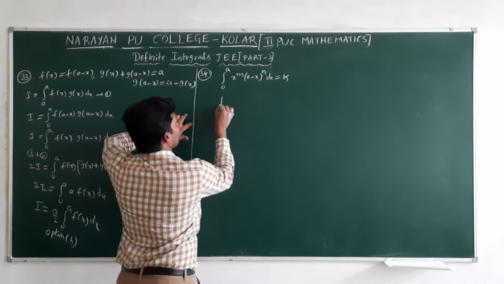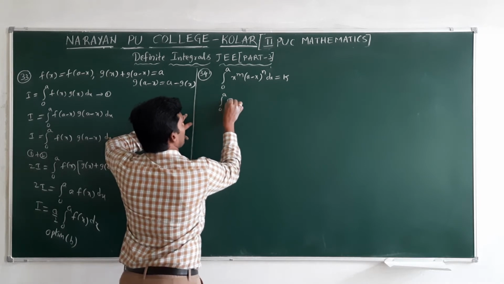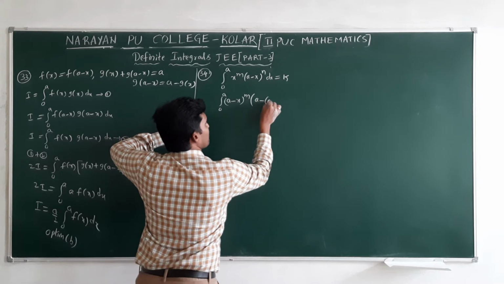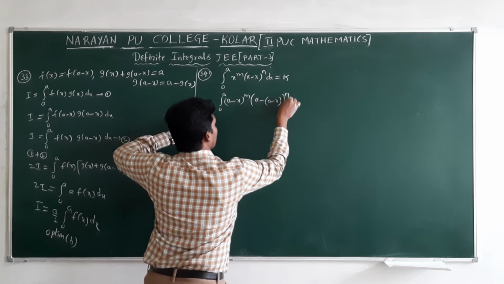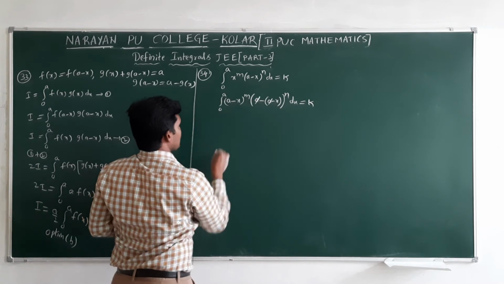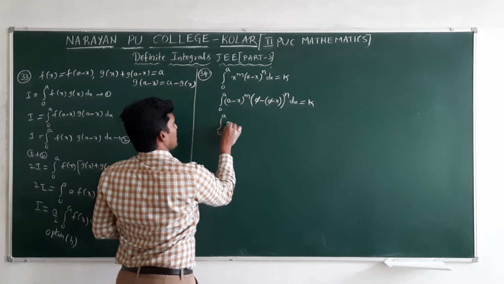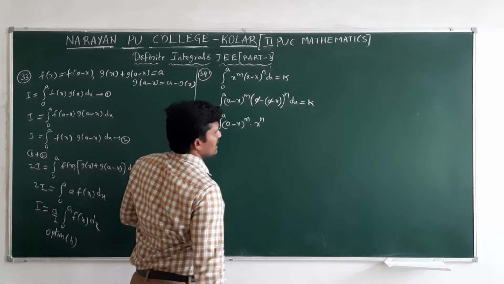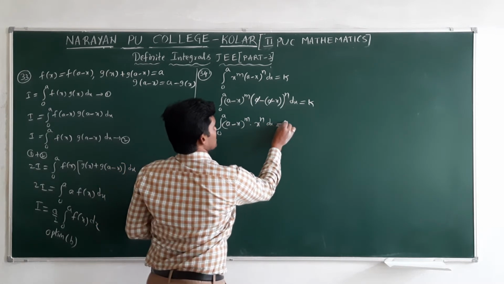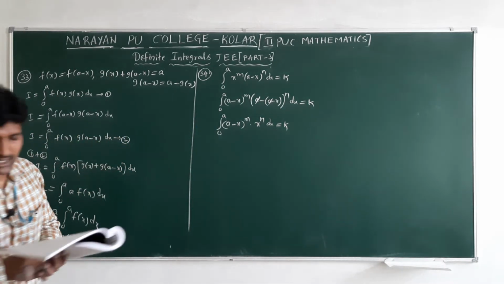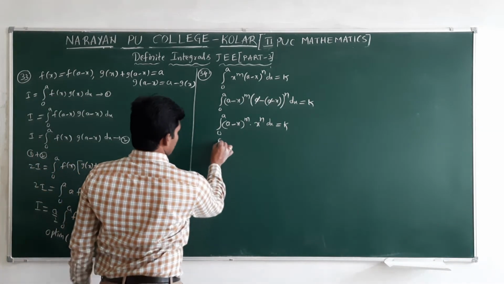I'll apply the property integral 0 to a of f(x) dx equals integral 0 to a of f(a − x) dx. This gives integral 0 to a of (a − x)^m x^n dx, which is the value they are asking for, and that value is k. Both are equal. That is option A.